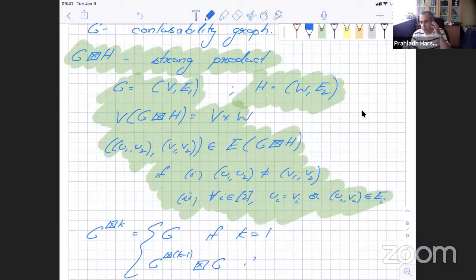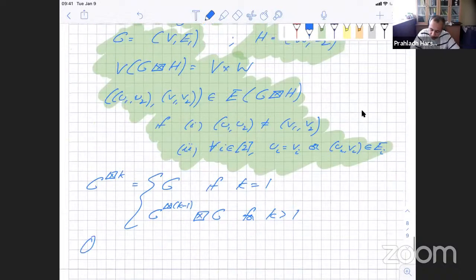So it's just a repeated strong product taking. And it's an easy observation that G strong product K is the confusability graph for K letter words.